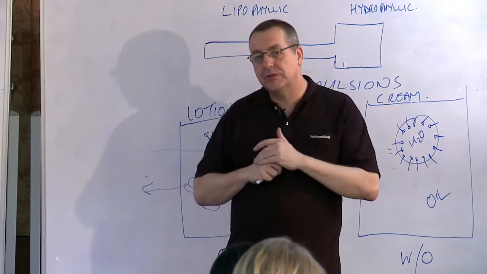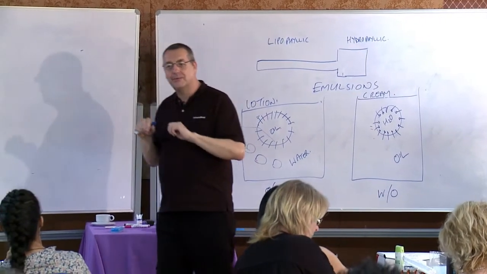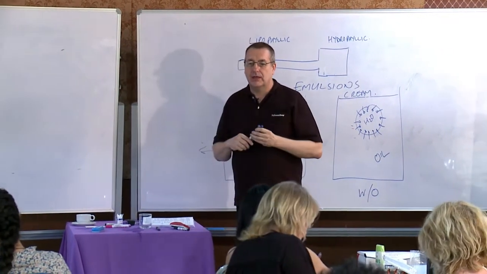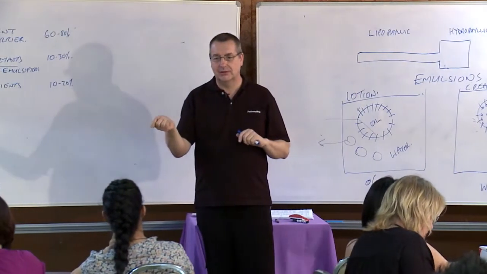Then we get a group of materials called humectants. Humectants are very often glycols, which are sugar type based compounds. If you put sugar on a plate in a room, particularly a room like this in this country where it's humid, what happens to the sugar?